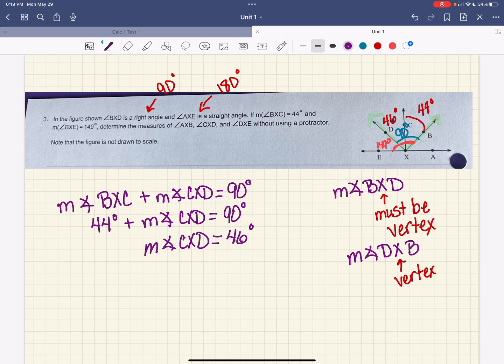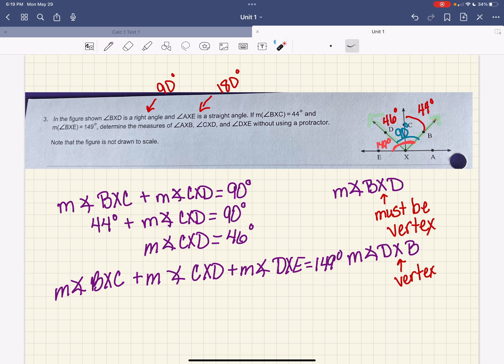Now we've got the measure of angle BXC plus the measure of angle CXD plus the measure of angle DXE, and that is equal to 149 degrees because we are told that right here.